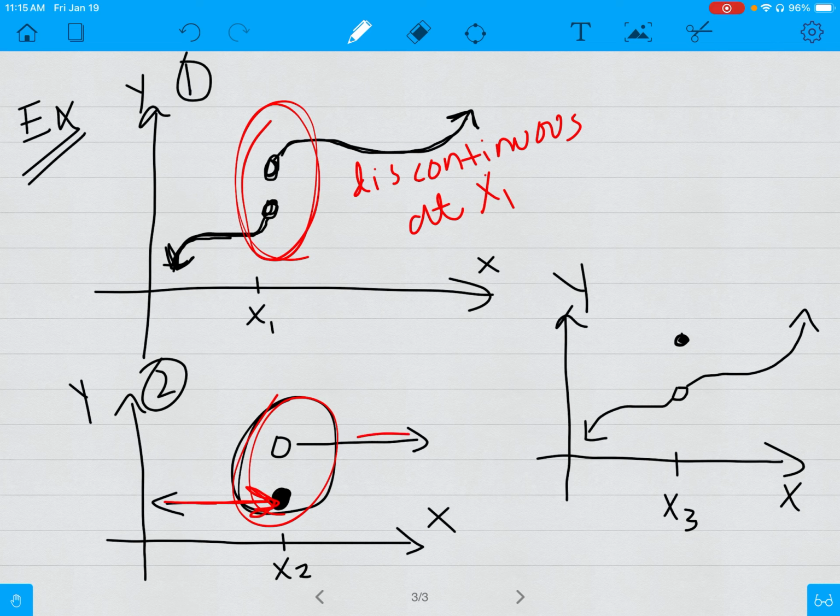Coming at x2 from the right-hand side, we would get a different value. So the limit here does not exist. Therefore, this graph is discontinuous at x2.